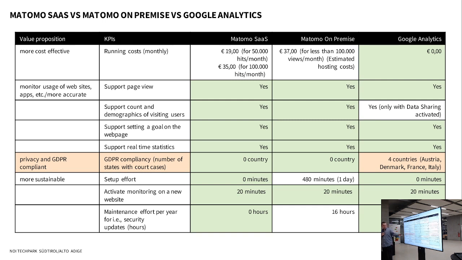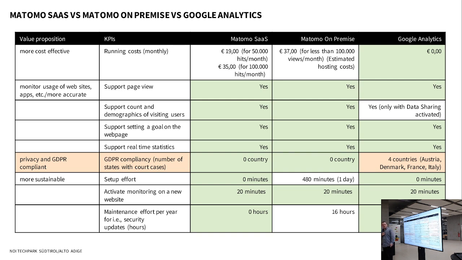And then the setup. Of course, if you use the cloud service, you just have to create an account and integrate it on your website. But if you have to set it up yourself, it takes more or less 1 day, depending on the skills and everything. I tried a Docker container, I was not so familiar with Docker, so it took me 1 day more or less, but for sure it can be done faster, depending on the experience you have.